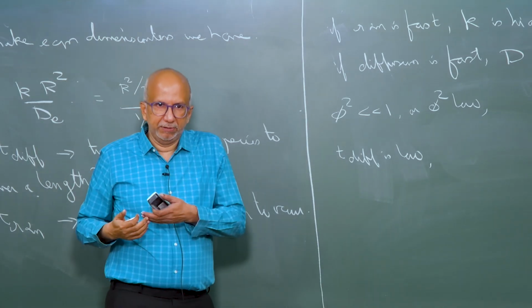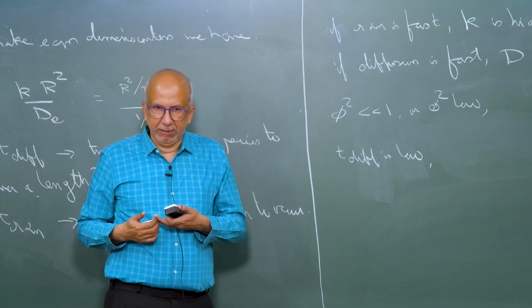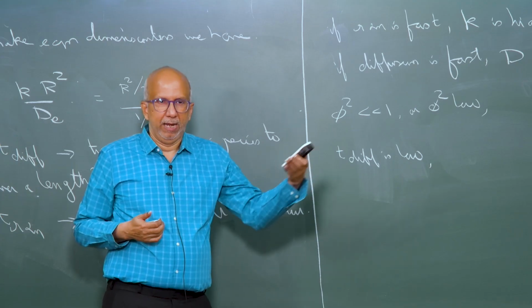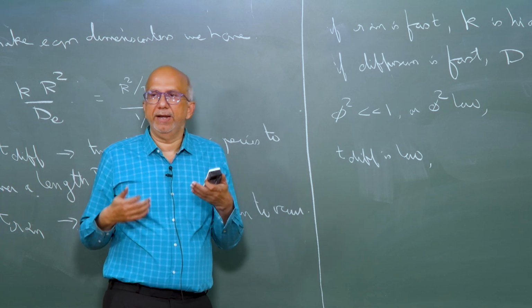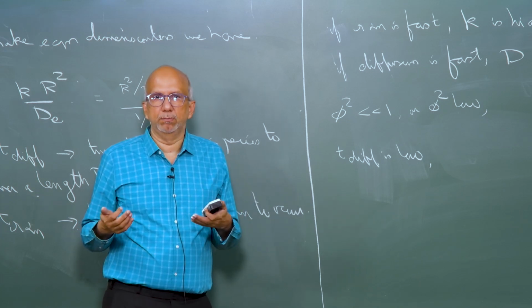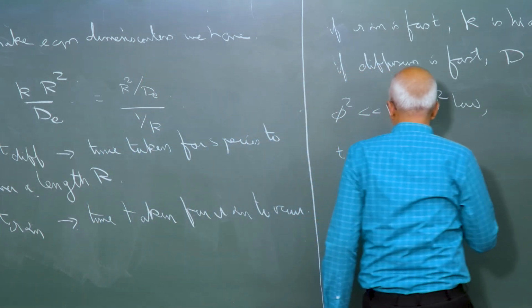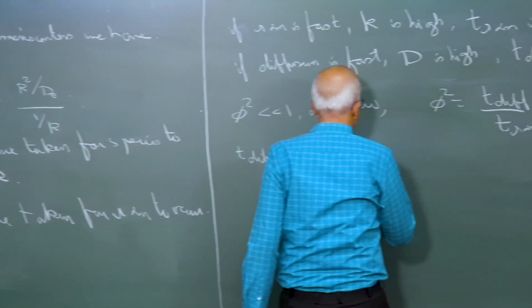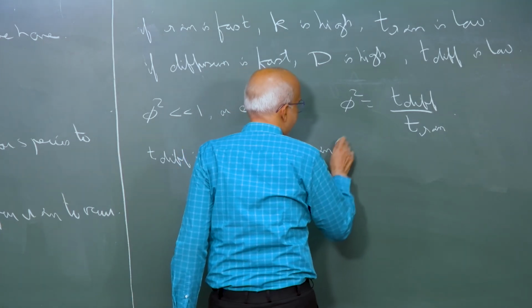So, the reactant A diffuses very fast into the pellet, and compared to that the rate of reaction is very low, very slow. So, here T diffusion is low, or T reaction is high.